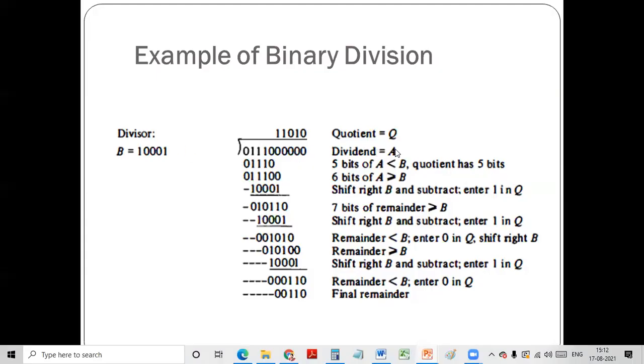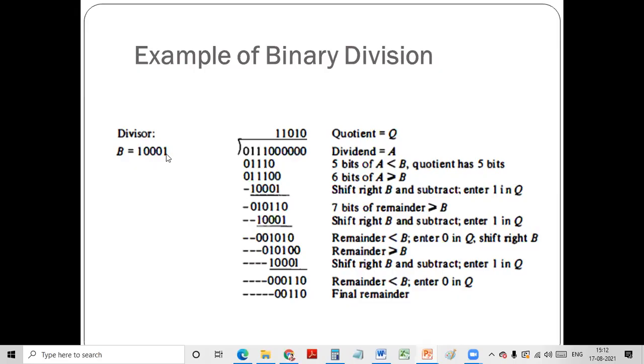Your dividend is in A, the quotient will be in Q, and the B register holds the divisor. The length of the dividend is always assumed to be twice the length of the divisor, so that I can confirm that my dividend is greater than the divisor. Of course, there are situations, even with all zeros, where the dividend can be lesser than the divisor. That can also be treated in this algorithm.